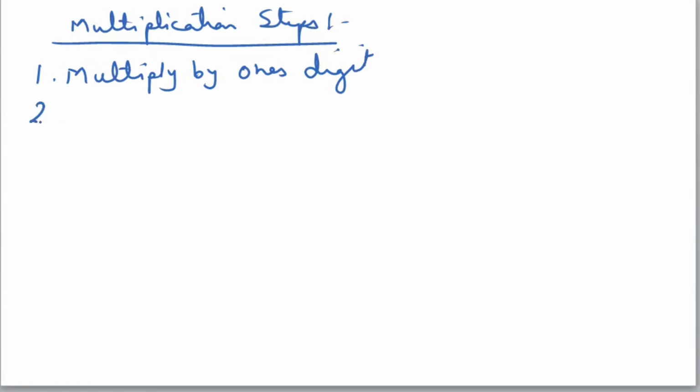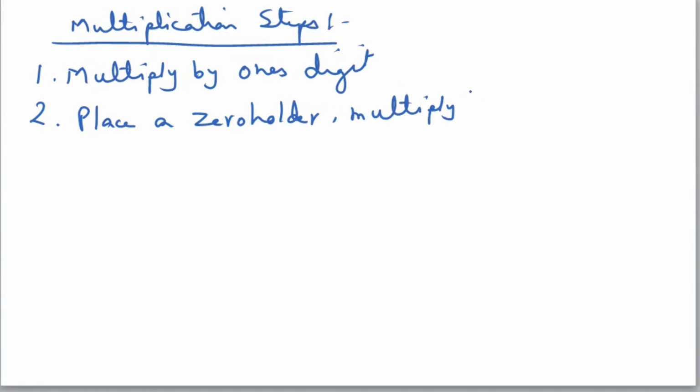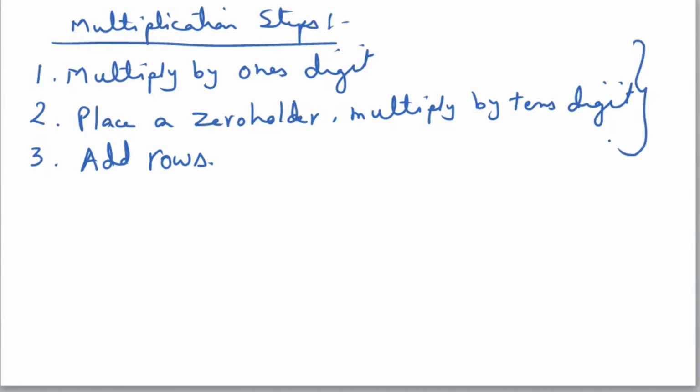And the second step was place a zero placeholder, then multiply by tens digit. And the third step was add rows. So these are the steps in multi-digit multiplication.